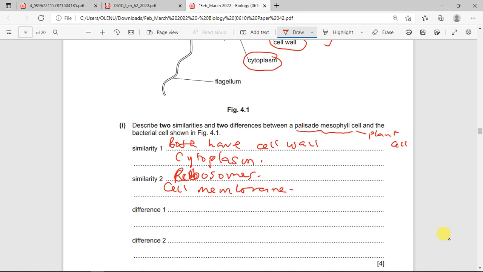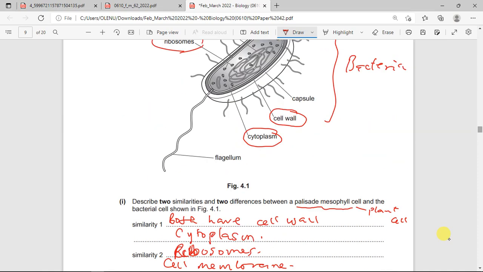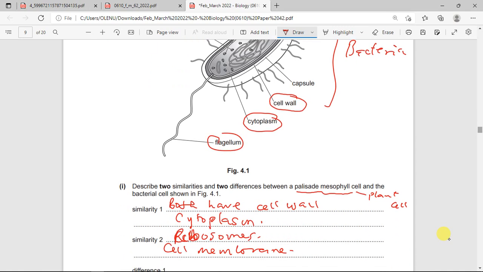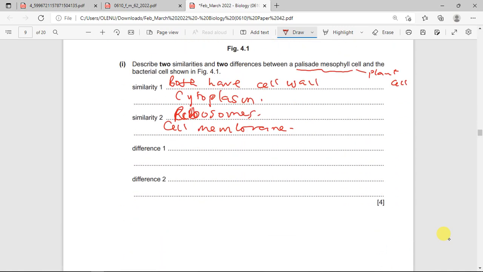So the differences, you find out that the bacteria has plasmid. There is the presence of flagellum, which is not found in the palisade cell. But you can also say the palisade cell, which is a plant cell, has chloroplast.